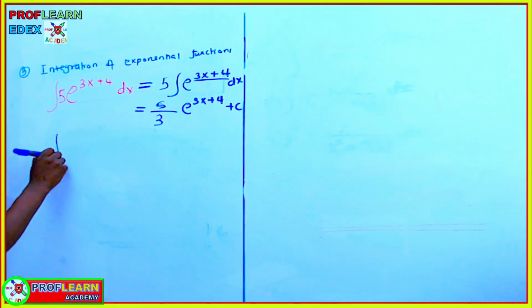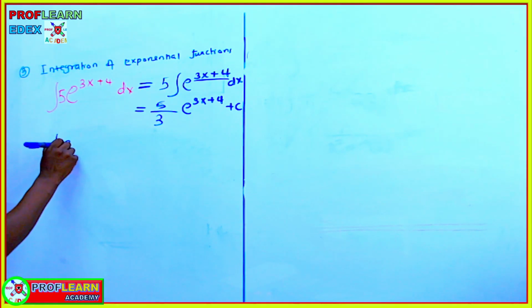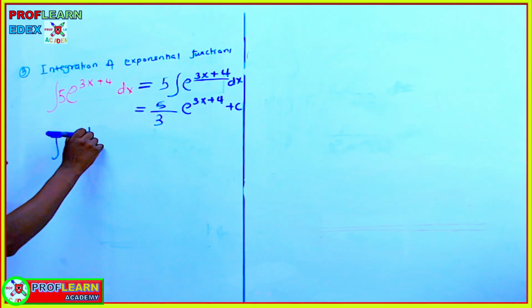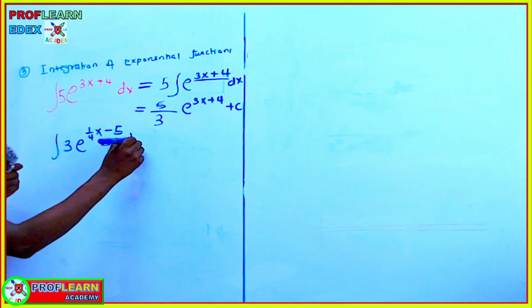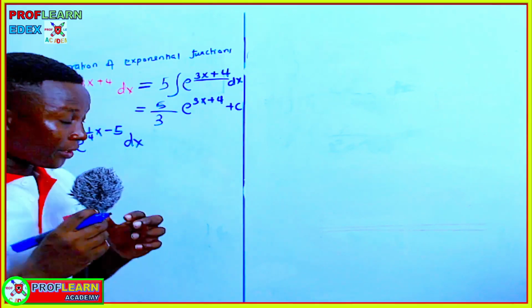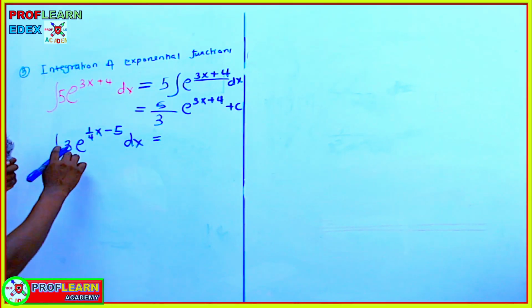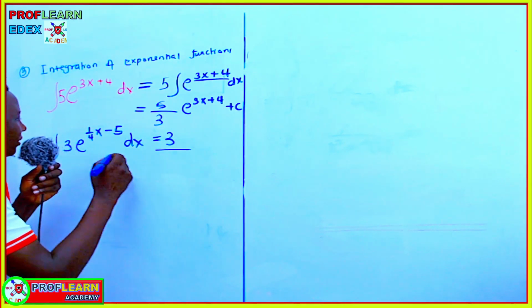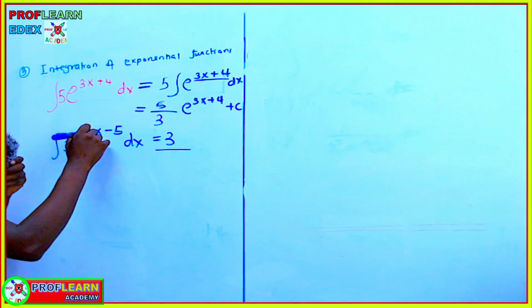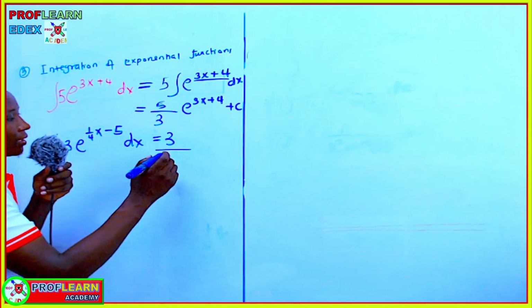So in the event you are given another one that is having maybe 3 to the 1 over 4x minus 5 with respect to x, when you're integrating exponentials, we are going to take 3 out, over, if you differentiate this part here, you are going to get 1 over 4.